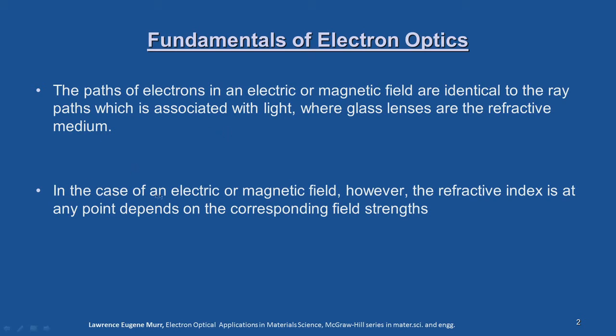In the case of an electric or magnetic field, however, the refractive index at any point depends on the corresponding field strengths. We will see how this is valid for the actual electron optical system.